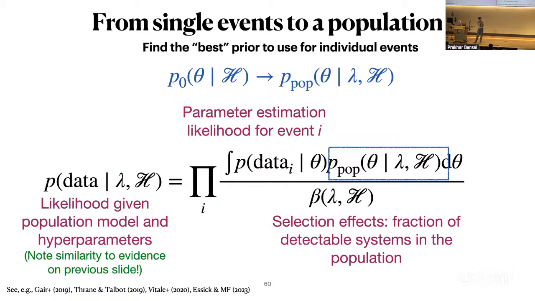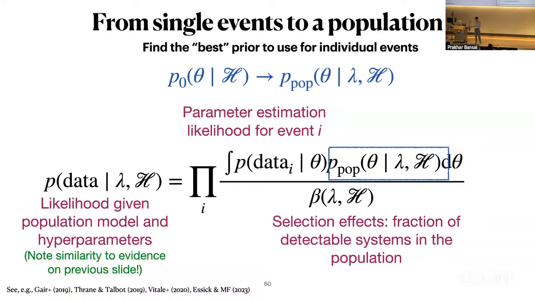What this does is account for the fact that some true parameters produce data that are easier to detect than others. In the gravitational wave context, masses that are higher are easier to detect, and we want to infer the underlying astrophysical distribution, not the detected distribution. So we include this selection effects term.